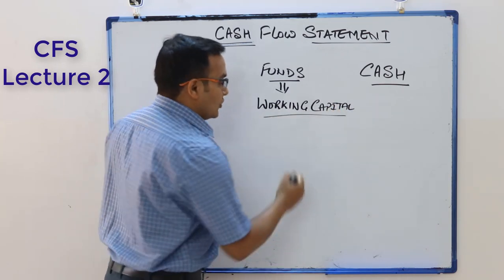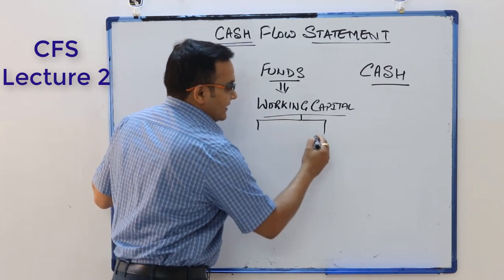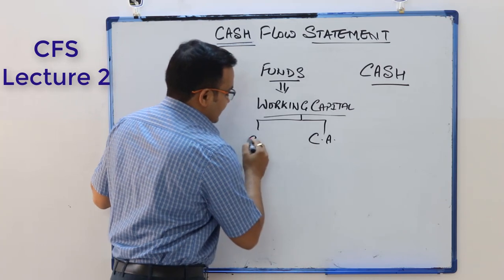Working capital has two components. Don't go for the formatting part, I am doing it deliberately. It has current assets and current liabilities.